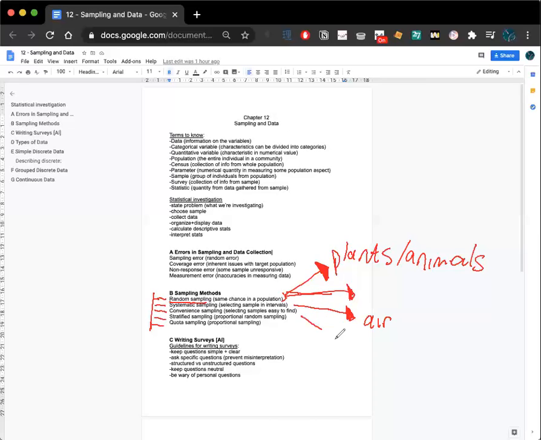And then we also have convenience sampling. So convenience sampling is what you do when you're trying to select samples that are easy to find. For example, if you try to find a sample by going down the street and asking random people on the street to become your sample, that would be what you call convenience sampling, because the samples won't be random.